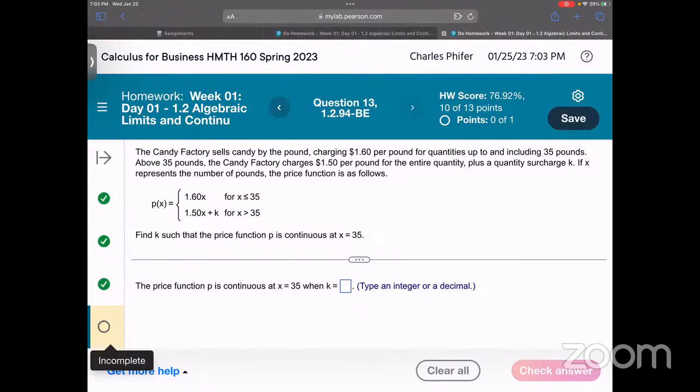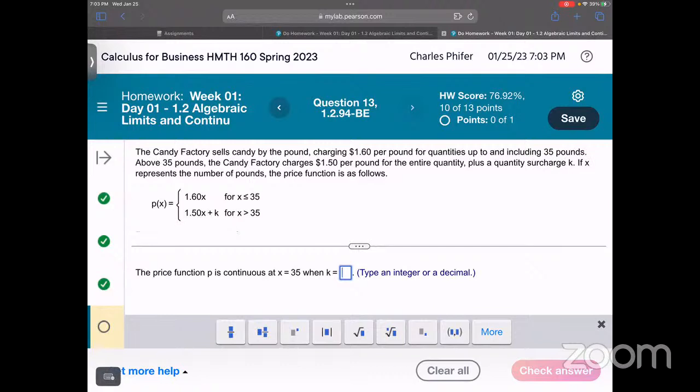Okay, let's give it a go. If we plug 35 into line 1, hey Siri, what's 1.6 times 35? That would be 56. So as we approach 35 from the left, from line 1, we get an output of 56.